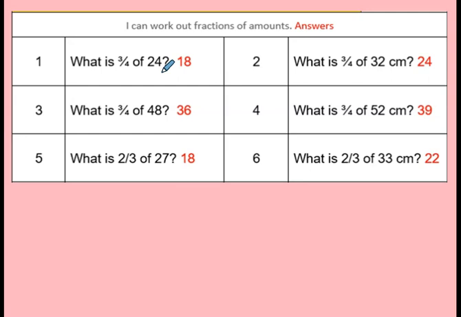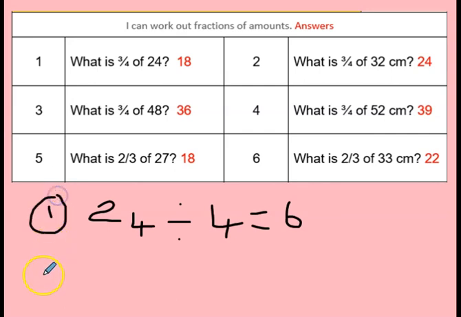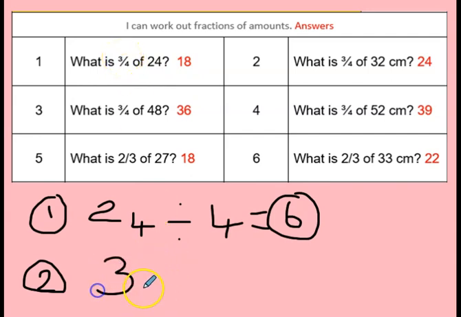So in this case 24, I'll do just this one with you, 24 divided by 4 we know is 6. That was my step 1. And then for our step 2, you should be able to work out that we need to multiply the answer, which was 6, by the numerator, which is 3, and we would have got 18.